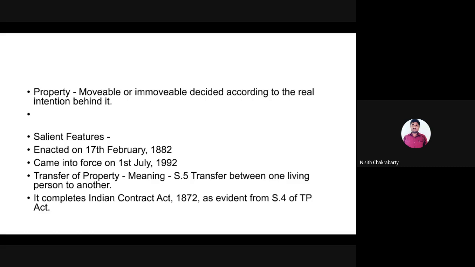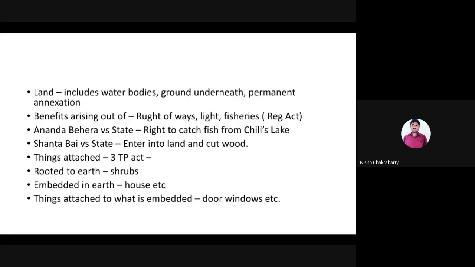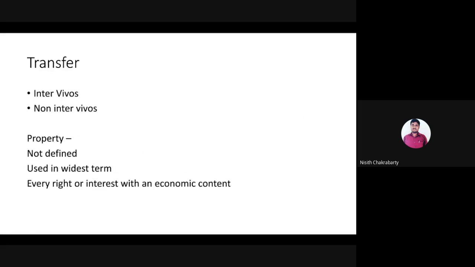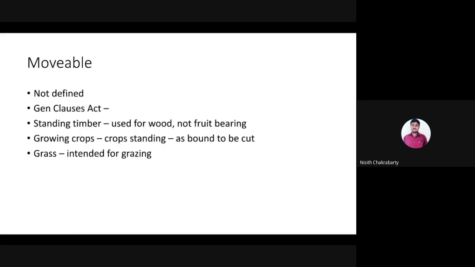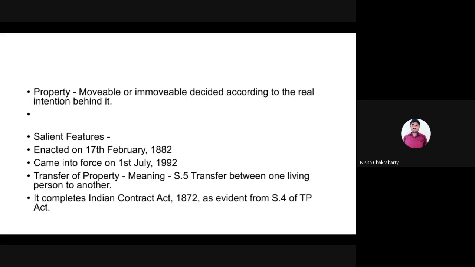We had distinguished the intestate succession and testamentary succession, and according to that we had discussed whether it is a transfer of property governing the rules thereof, or the Sale of Goods Act or the Hindu Succession Act or the Indian Succession Act, as the case may be, that is dealing with it.